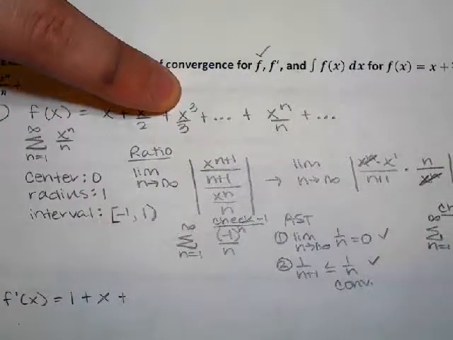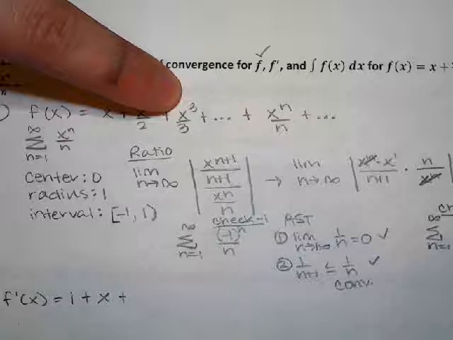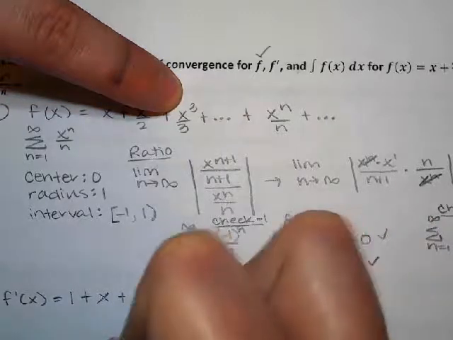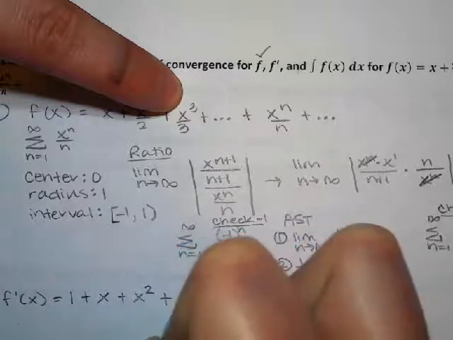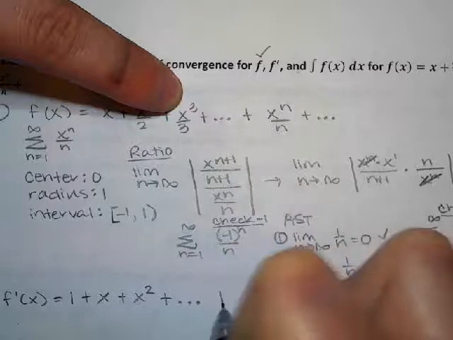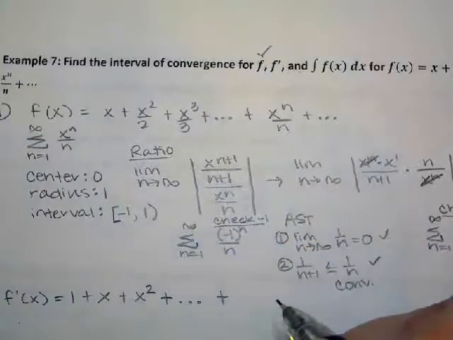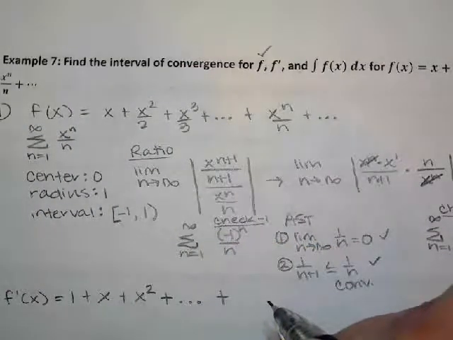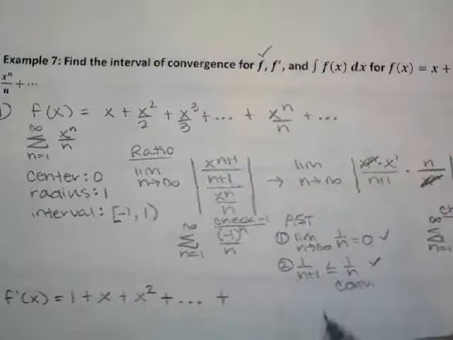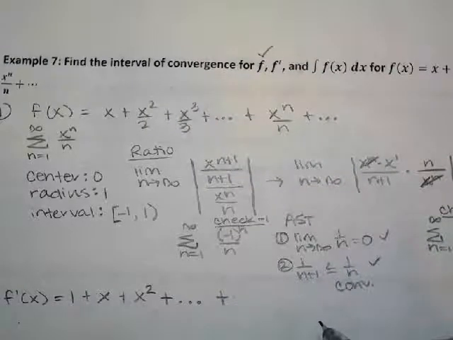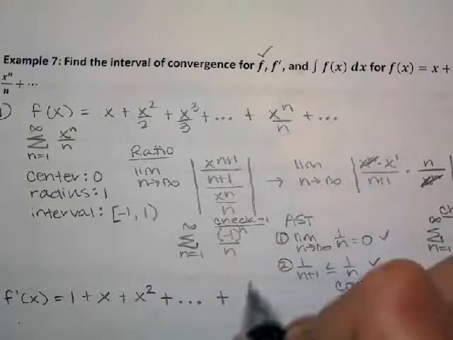Are we comfortable with that? Okay. Plus, and then x to the n would be n times x to the n minus 1 over n. Whew. Okay, our brain's okay?